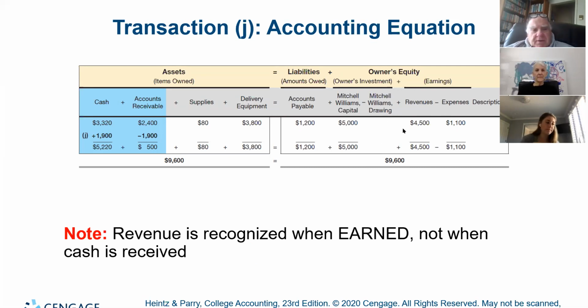On account and nobody had money. Now somebody is paying down their bill. We received the cash, which we like, and the guy no longer owes us the $1,900. Our receivables now are only $500. Revenue is recognized when earned, not when cash moves.